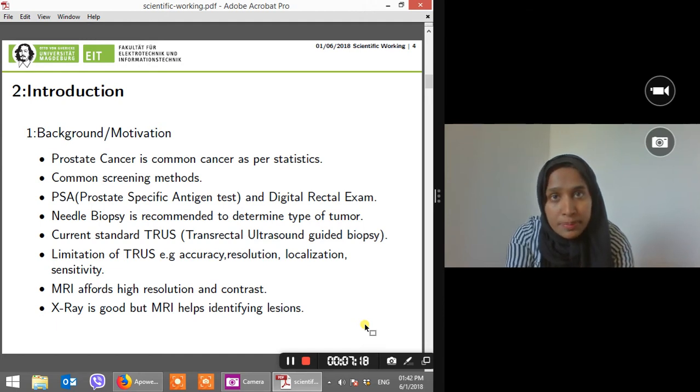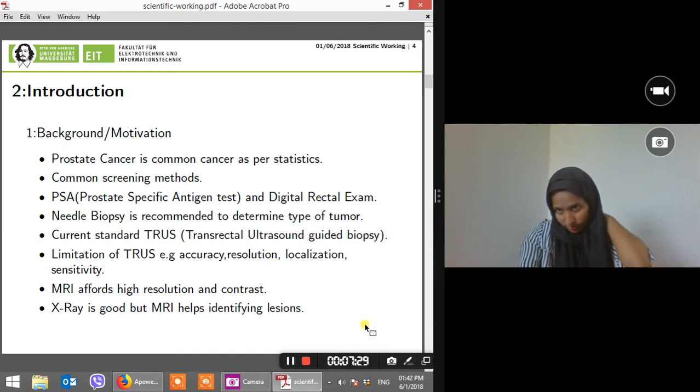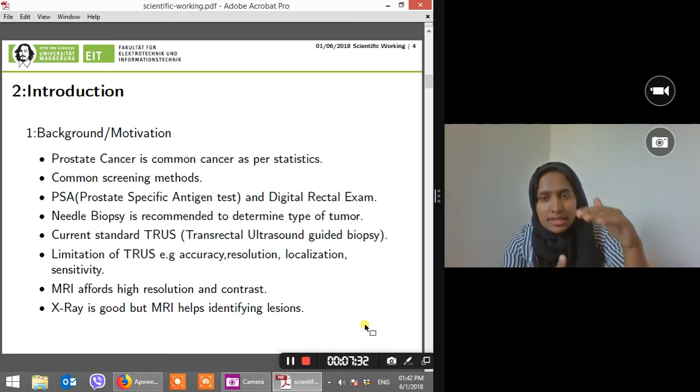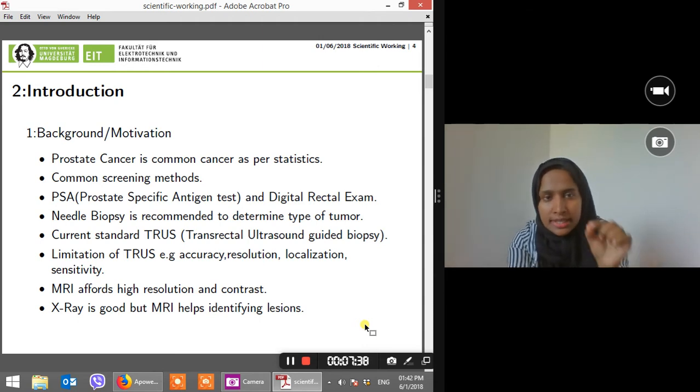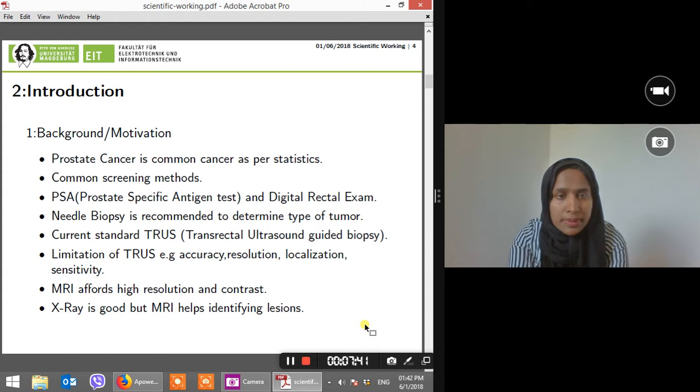The previous or current standard used for that is the transrectal ultrasound guided biopsy, in which we place the ultrasound adjacent to the rectum of the patient, and then we perform the biopsy procedure. But we have some limitations when it comes to exact localization, sensitivity and resolution of the image. The TRUS, transrectal ultrasound guided biopsy, restricts us at that point.